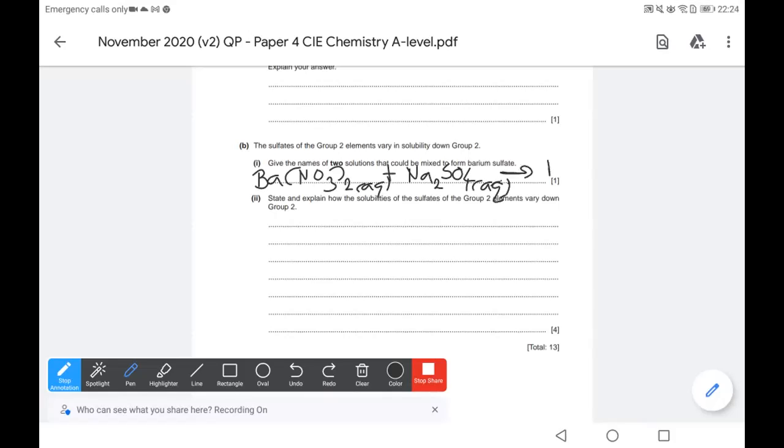This will form barium sulfate solid precipitate, which does not dissolve in nitric or any other acid. And sodium nitrate, NaNO3.